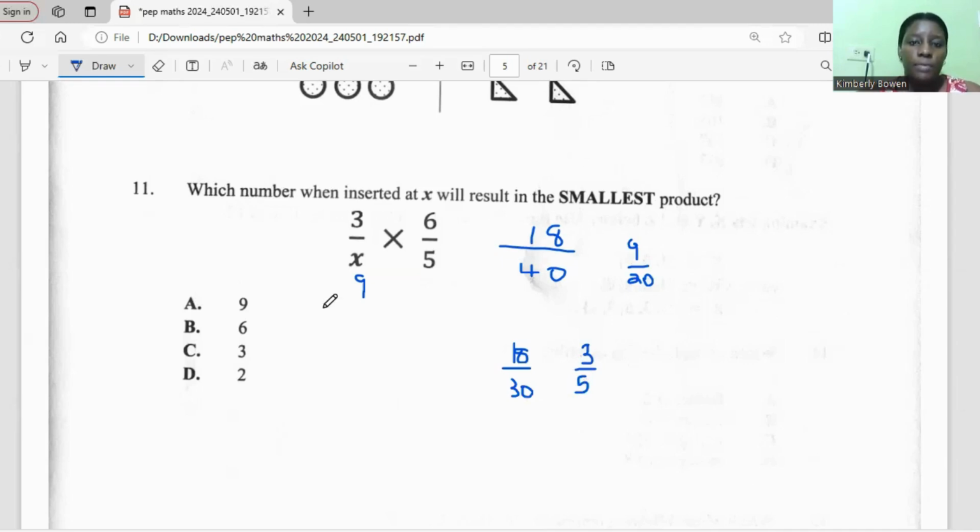And then you have 18 over 15. And then you have 18 over 10. Nine over 5.